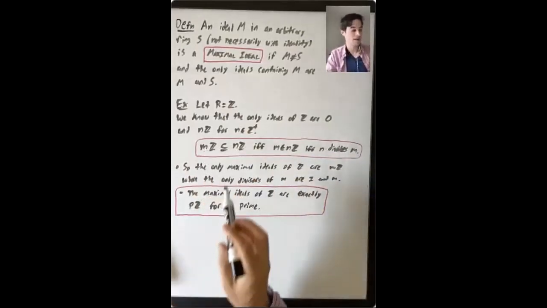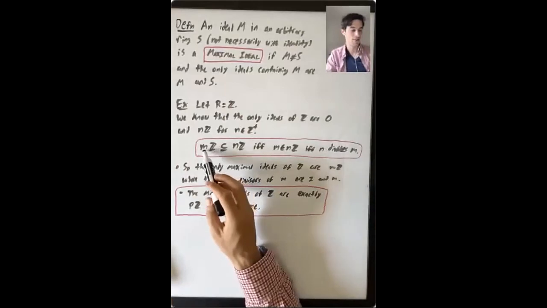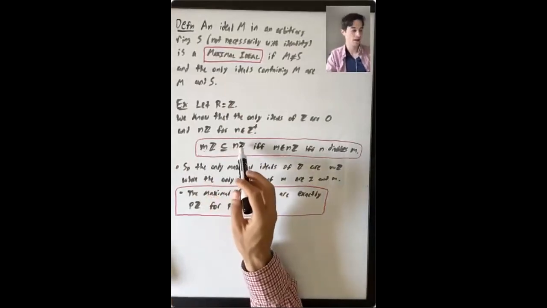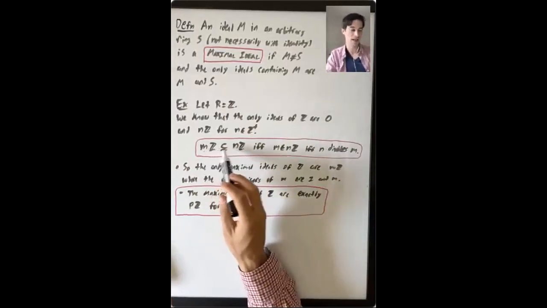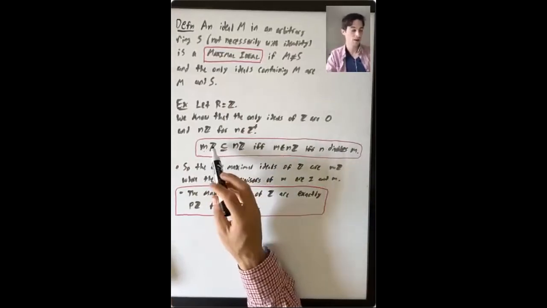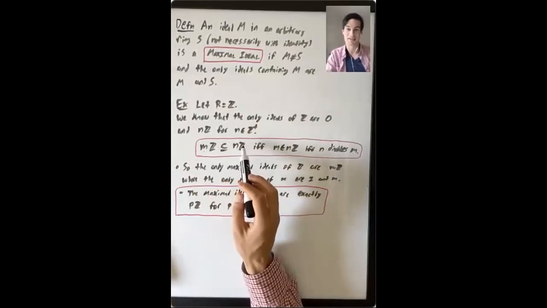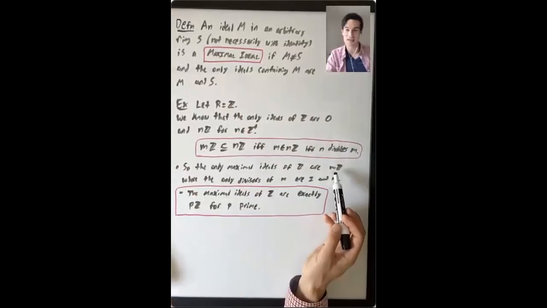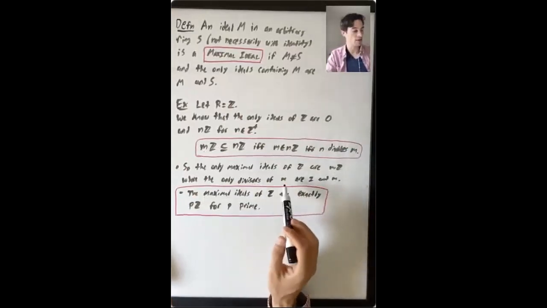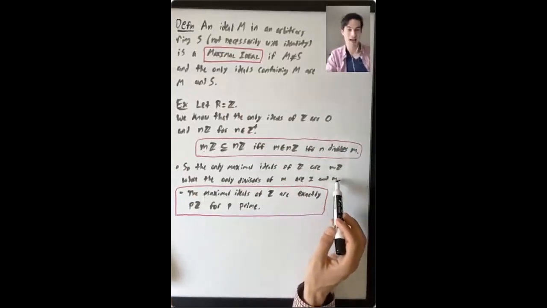So what does that mean? Maximal ideals are going to be ones mZ where the only things containing it are mZ itself, like take n equal m, or take n equals 1, get the whole ring Z. So the maximal ideals of Z are exactly mZ, where the only divisors of m are 1 and m.